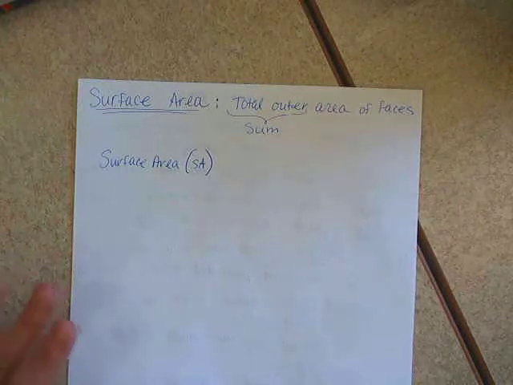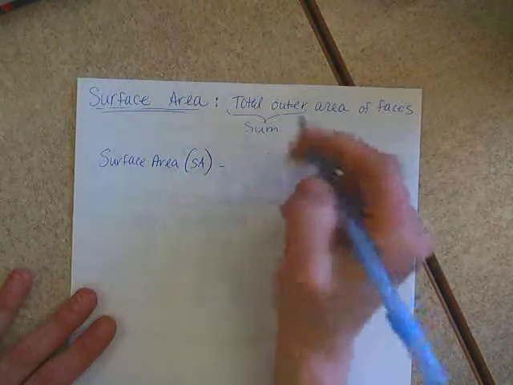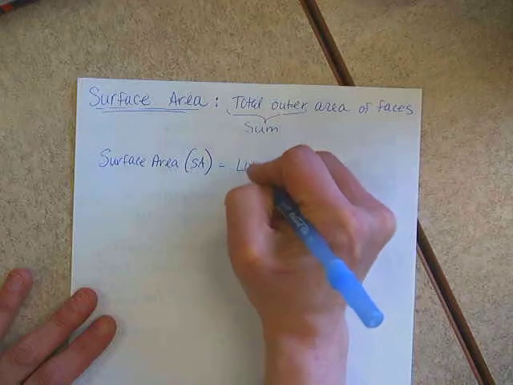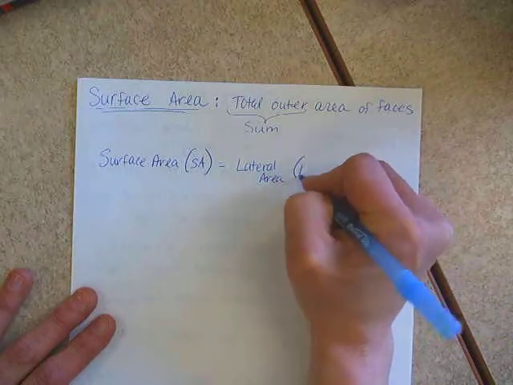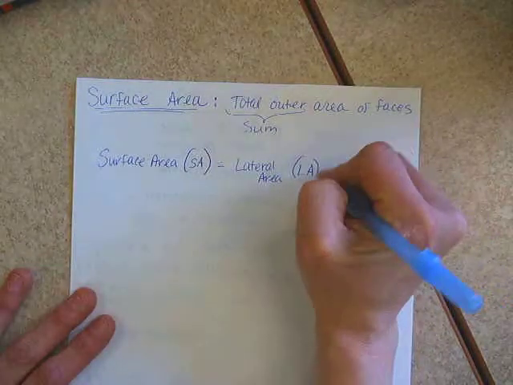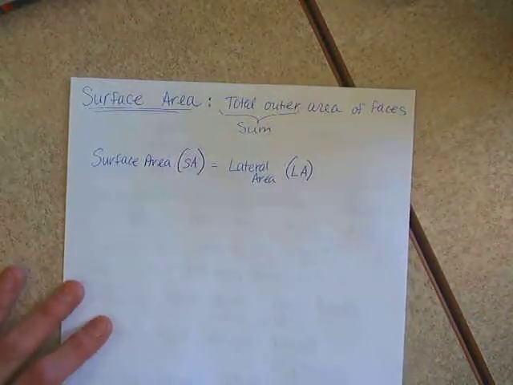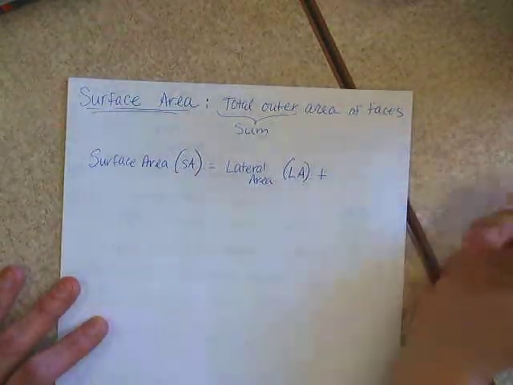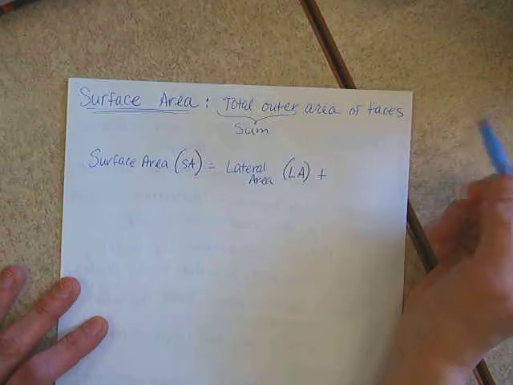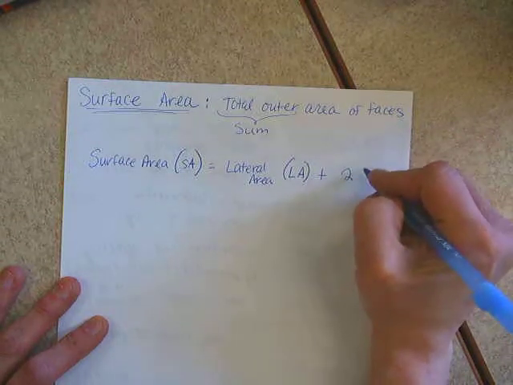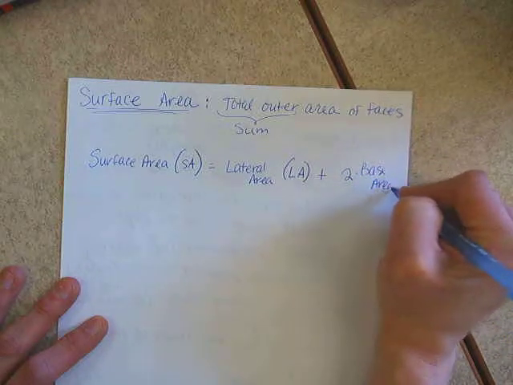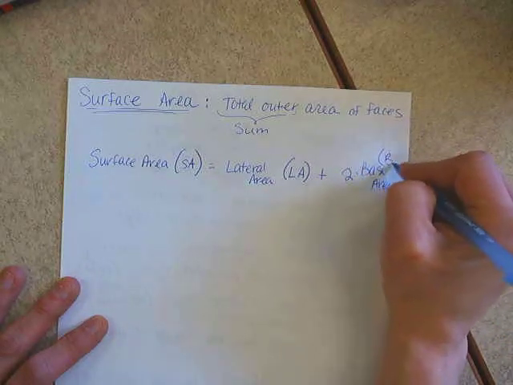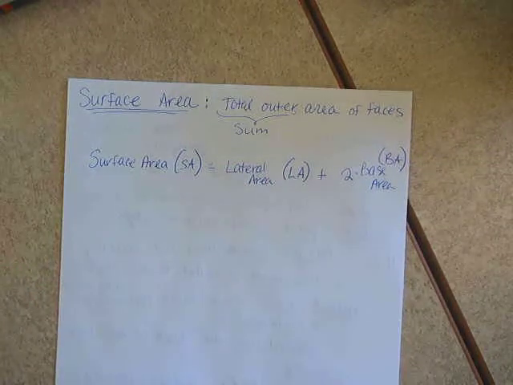So, in general, surface area I'm going to list usually as SA, just as a reference. Surface area is found by doing the lateral area, which we'll talk about as LA, plus 2 of the base areas.